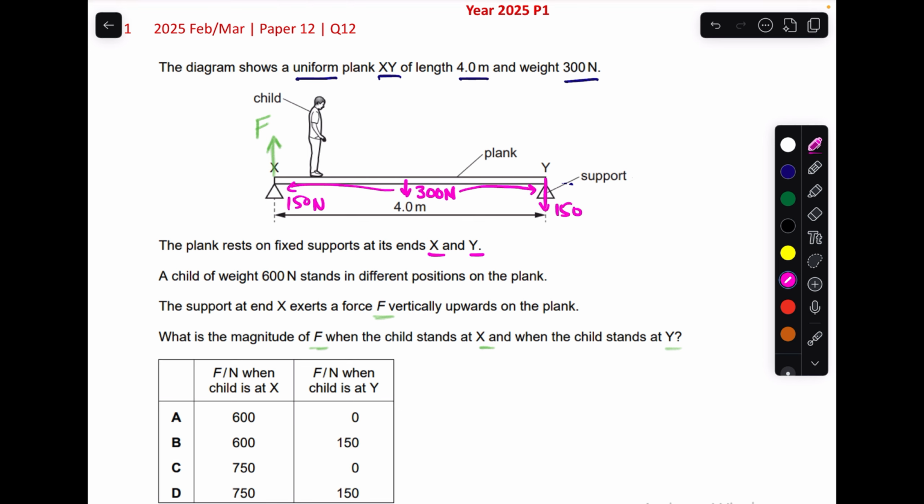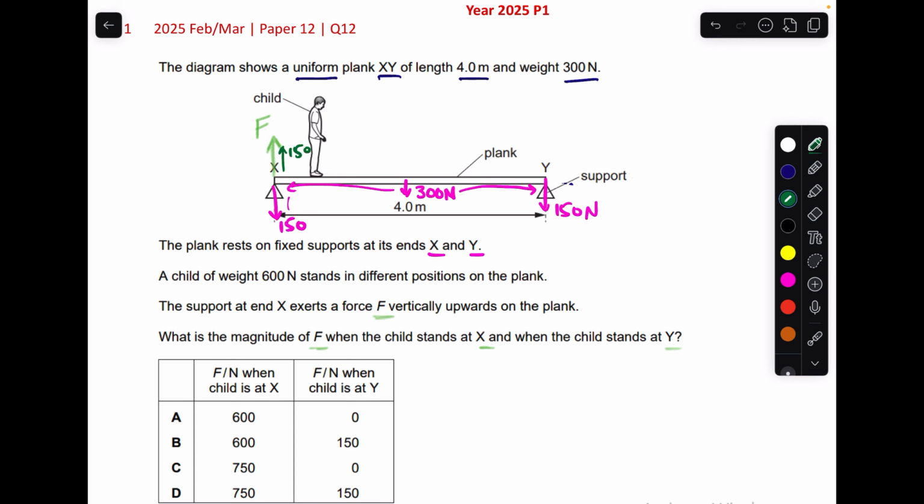It will be equally divided because both supports have an equal distance from the center where the weight is acting. So all the time this 150 force will be acting here, right? And to counter this force there will be a 150 force upward. This will be all the time.